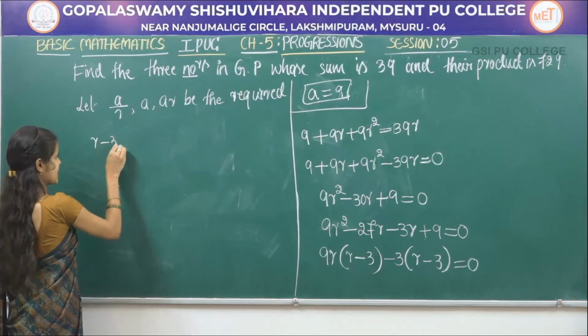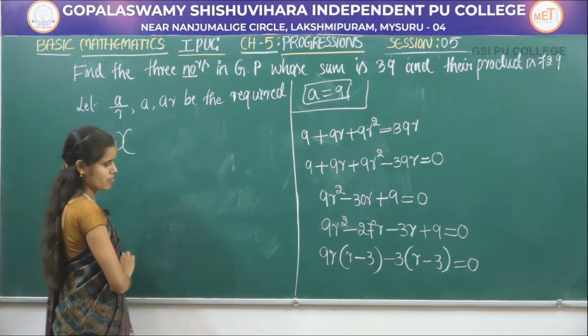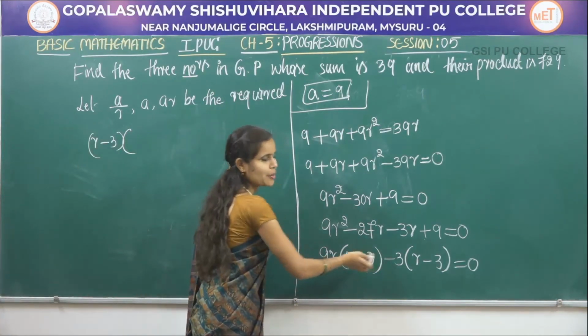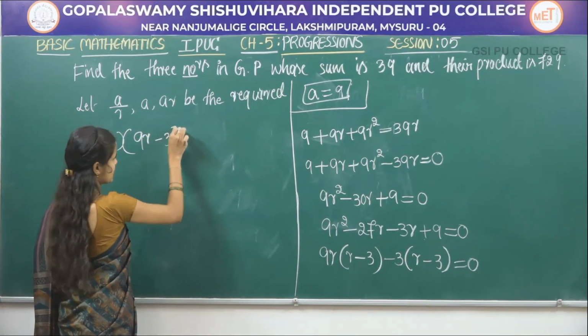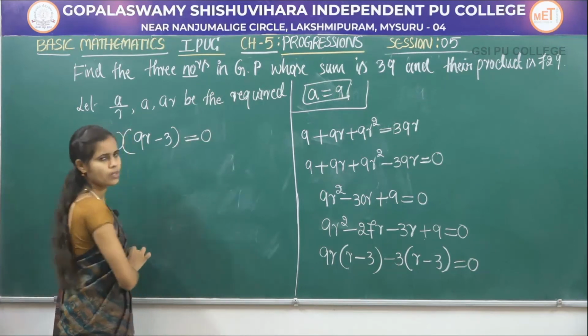So r minus 3 is common, and the remaining terms are 9r minus 3, so r minus 3 into 9r minus 3 is equal to 0.